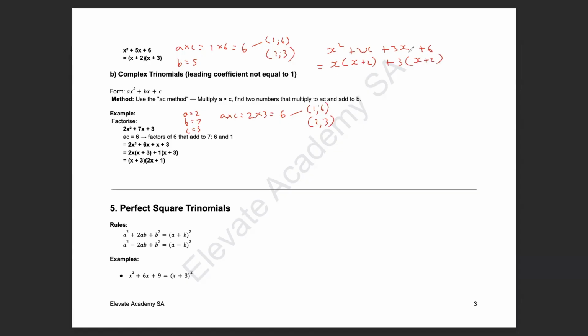And then x plus 2 is common on both sides. So we take x plus 2 as a common factor. And when we divide this term by x plus 2, we are left with x. And divide this term by x plus 2, we are left with plus 3. So we see that the AC method works for all trinomials, provided they can be factorized.